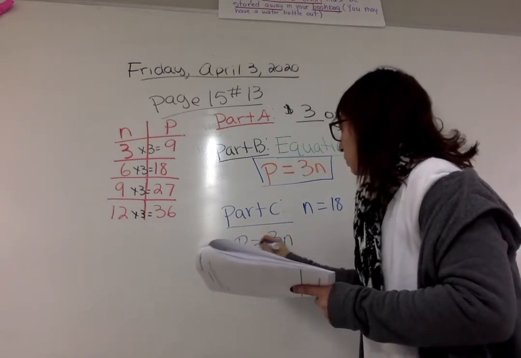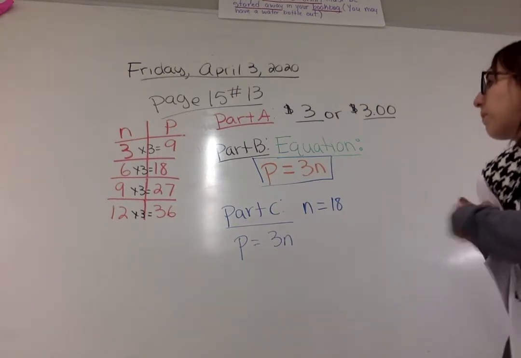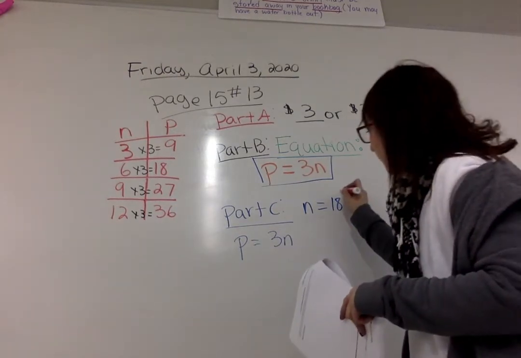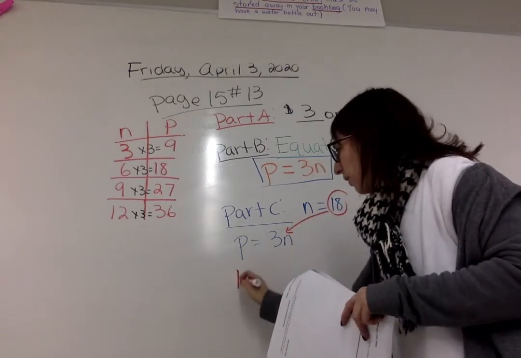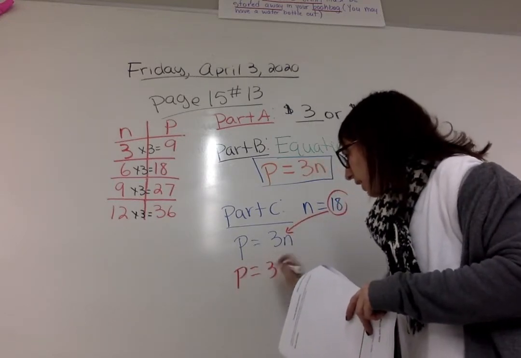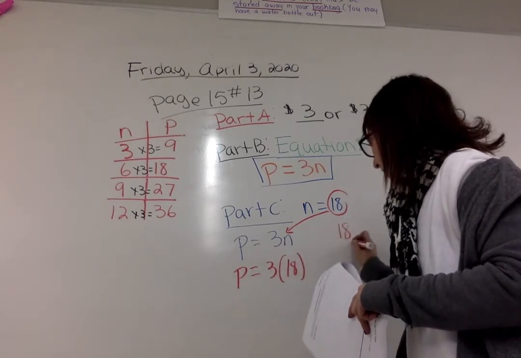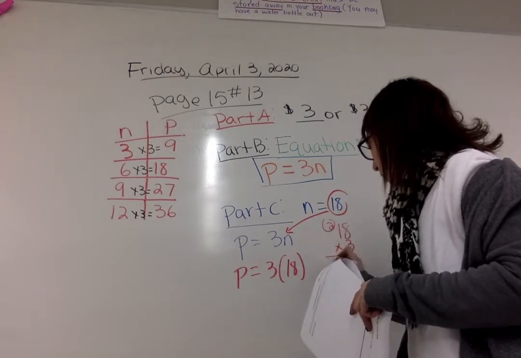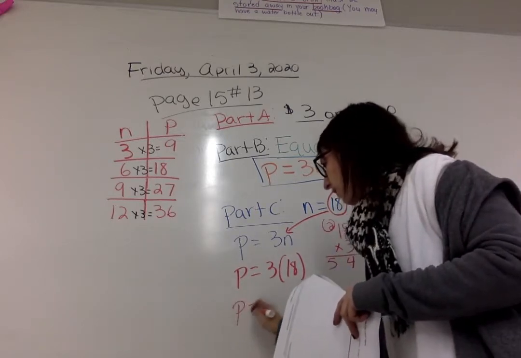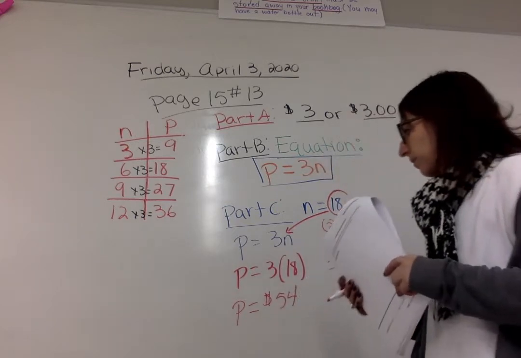I'm now going to substitute 18 in place of N to figure out the profit, or money earned. So now the profit is equal to 3 times 18. And 18 times 3, folks, gives me a grand total of $54. So the profit that I earn on 18 pies is $54.